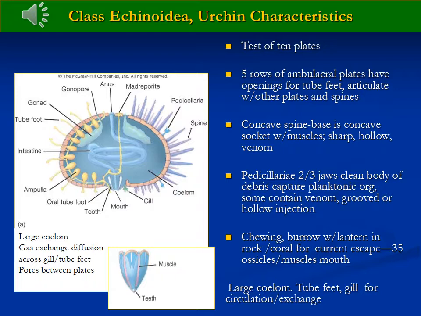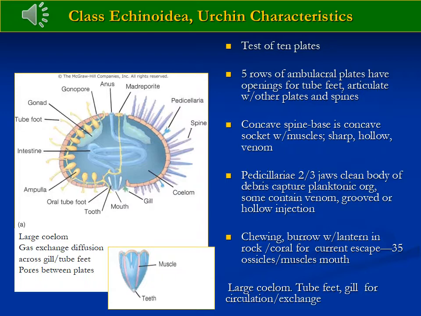But let's look at this image. What you can see is that there is an aboral anus, an aboral madreporite. The gonopore is aboral, and the tube feet are extending through pores in the test, and that hooks up with the water vascular system, just like we've seen in the other echinoderms, right?